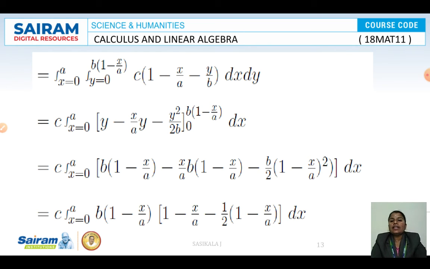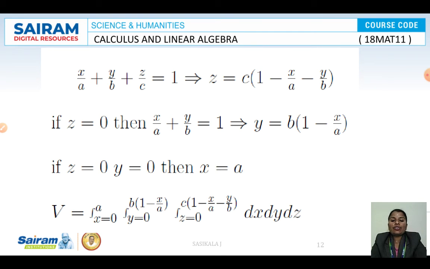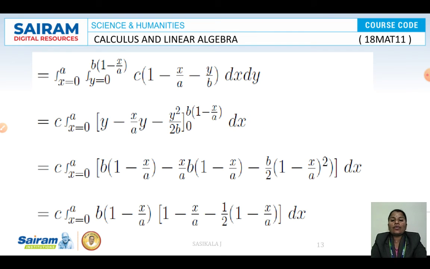Integrating first with respect to z, we get c of 1 minus x by a minus y by b into dx dy. Now take out the c term. With respect to y, integrate: y minus xy by a minus y square by 2b, from 0 to b of 1 minus x by a.